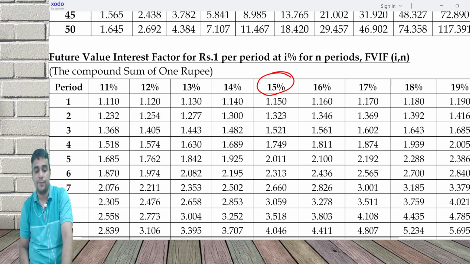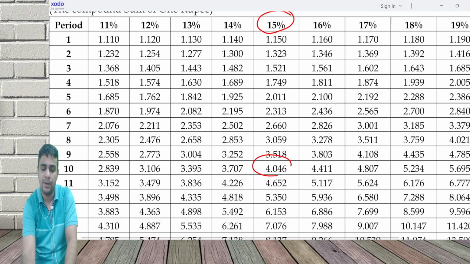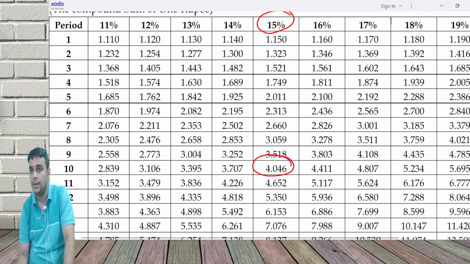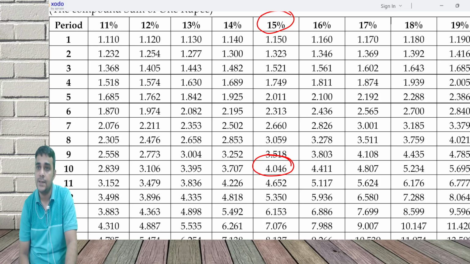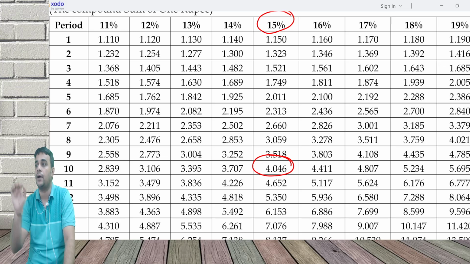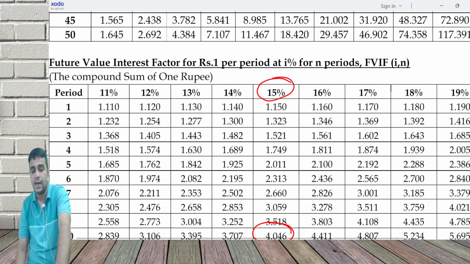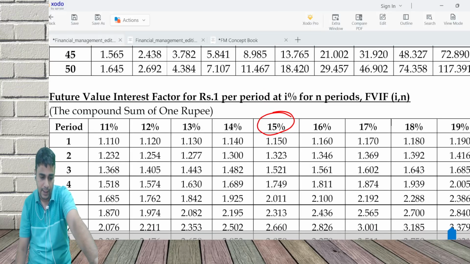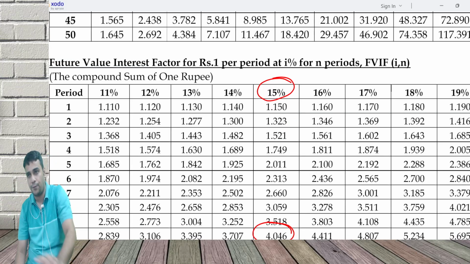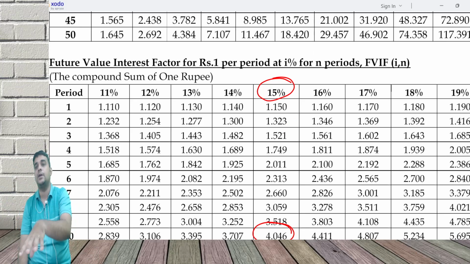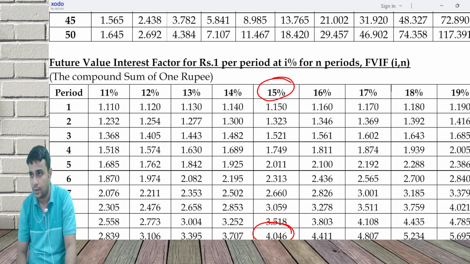What is the number of years? 10 years. So directly they may give this 4.046 instead of you doing it in the calculator. Below the question, they will say future value factor is 4.046. If it's 4.046, I'll multiply with 4.046. That's all. These tables I have given in the question bank, page 338. No need to refer to it as of now, but in case the question gives it, use it. If they don't give it, then you do the calculation in the calculator.